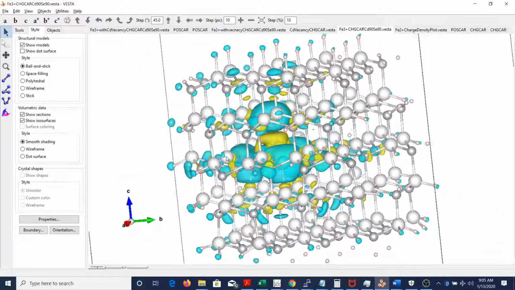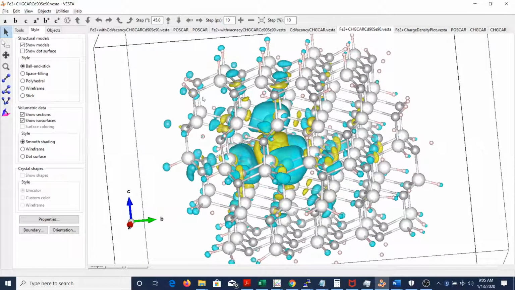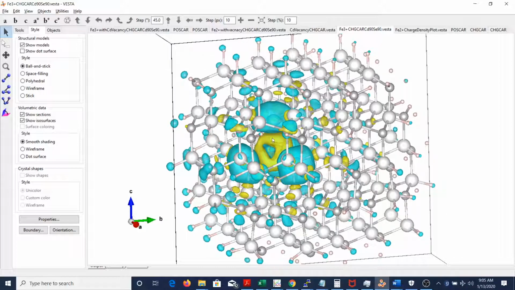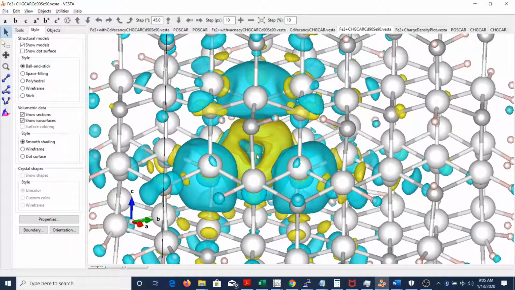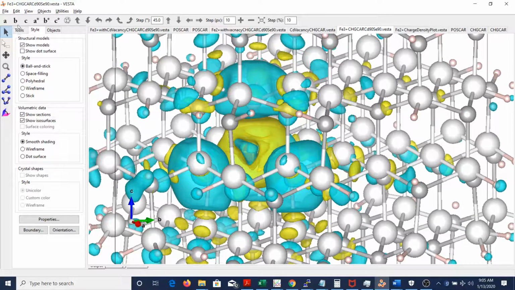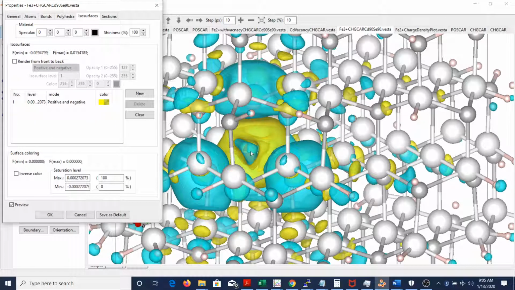So now let's look inside. Here you see the blue region, which means the charge is less in the doped structure, and the radius is also big. When we come to the iron, the iron is right here. I probably did not mention that earlier. Since this is a blue surface, let me just keep it positive so we should be able to see it.